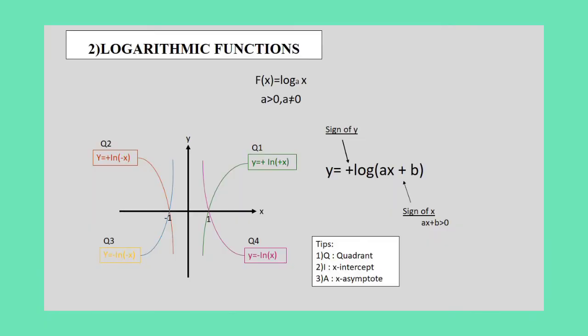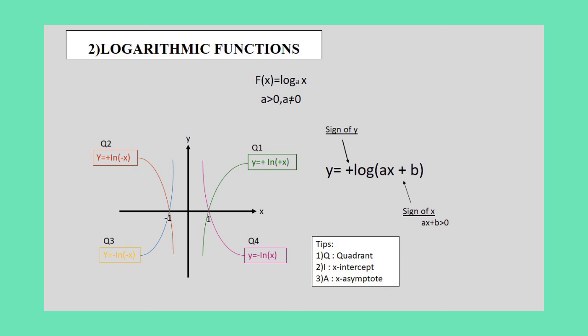This is the logarithmic function. The properties of the logarithmic function: f(x) equals log x base a, where a must be greater than 0 and a cannot be 1. When y equals positive ln, x is positive in the first quadrant, because ln and x are positive. Okay, y equals positive log of (ax plus b).